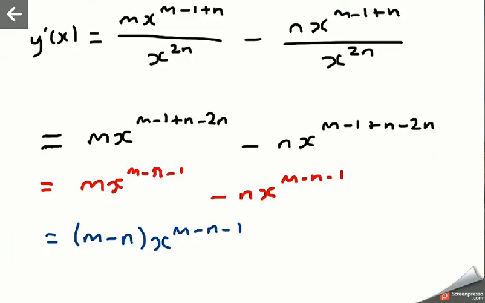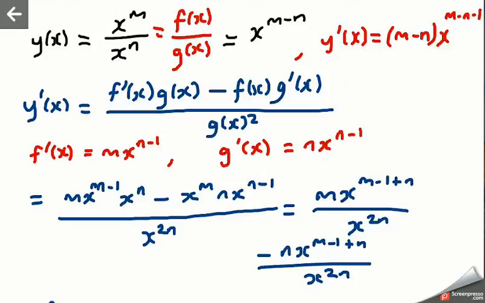So this is exactly what we thought it would equal given the power rule. We knew that because we can already simplify this as x to the power of m minus n, so when we differentiated it, it was going to be m minus n times x to the power of m minus n minus 1.